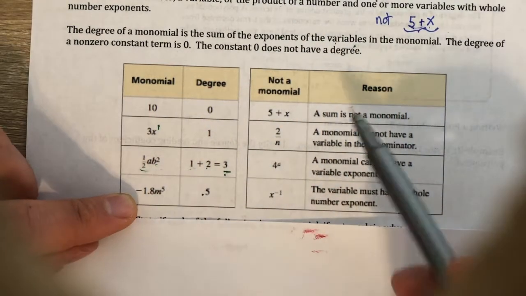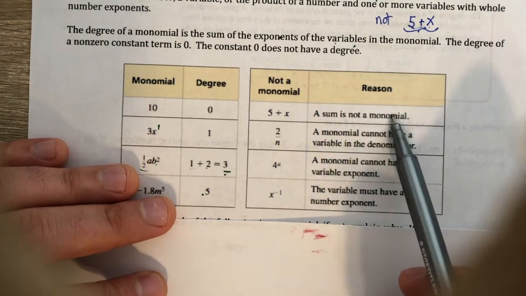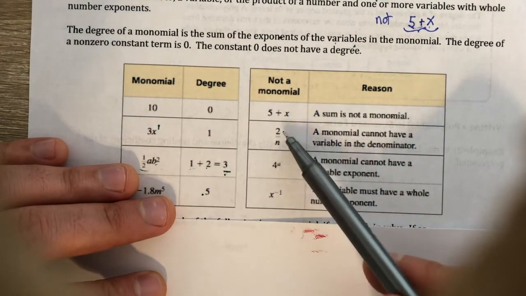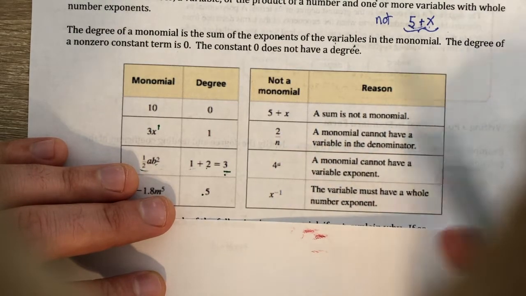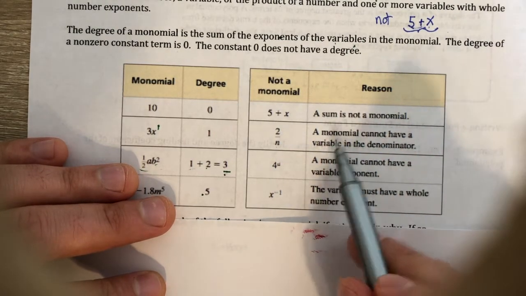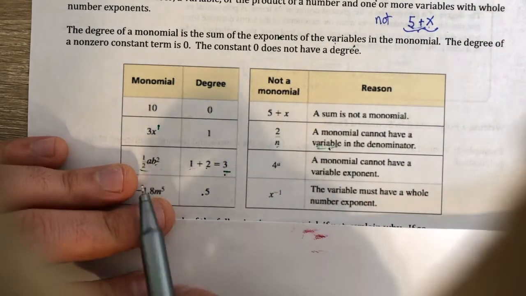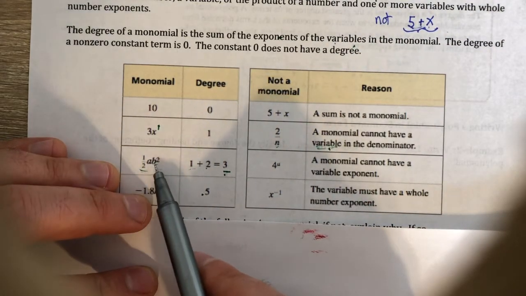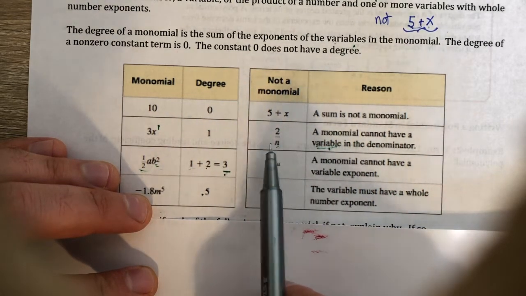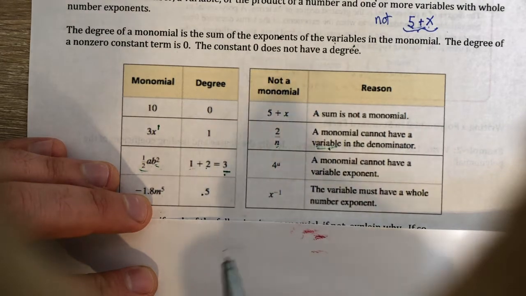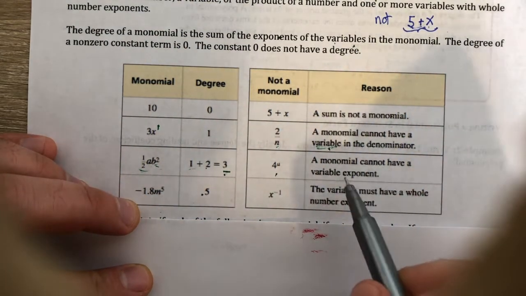Pretty straightforward. Things that aren't monomials. If they're bound by addition, not a monomial. If the terms are bound by division, not a monomial. At least, I should say specifically, if the variable is in the denominator. Because over here, 1/2 times AB squared is fine, but 2 divided by n is different. You can't have a variable in the denominator. Hard to read what that was supposed to say.